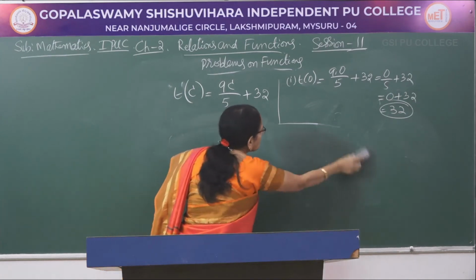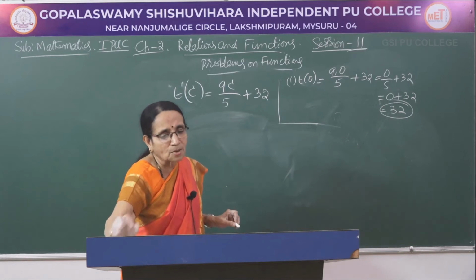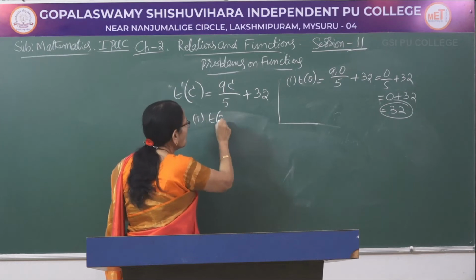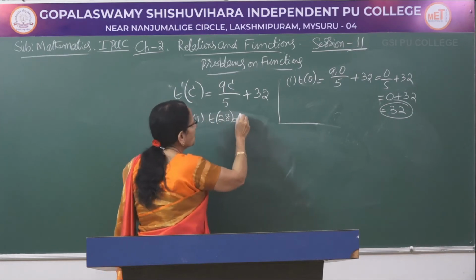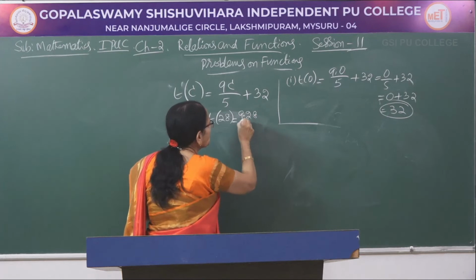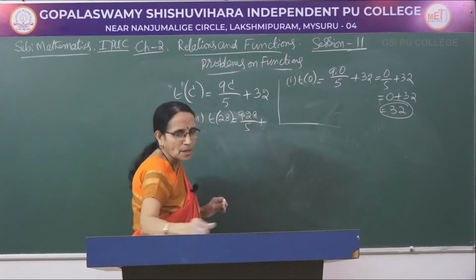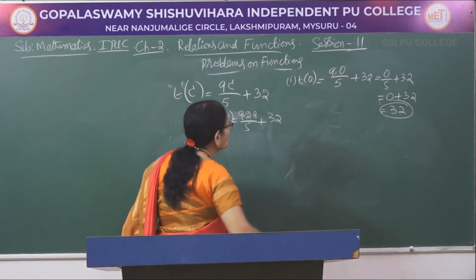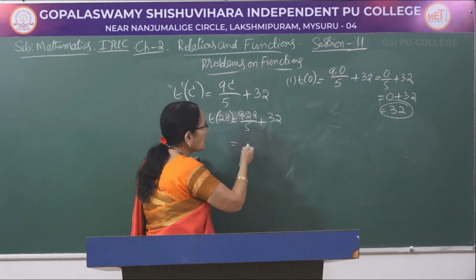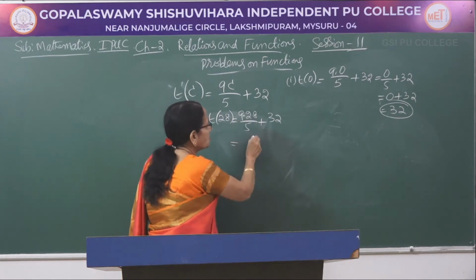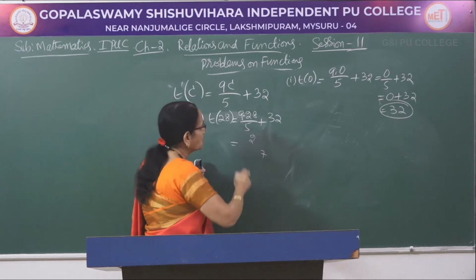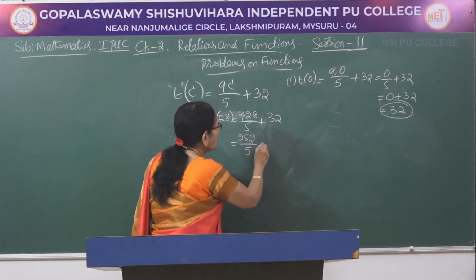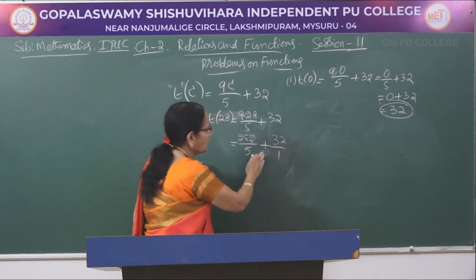So, the value of the first one is 32 because C takes the value 0. The next one is where C takes the value 28. Second one, T of 28 is equal to 9 into 28 divided by 5 plus 32. Of course, if you are using a calculator, you can find the exact value, not necessary. Multiply: 9 8s are 72, 7 carry, 9 2s are 18 plus 7, 25. So 252 divided by 5 plus 32 by 1.